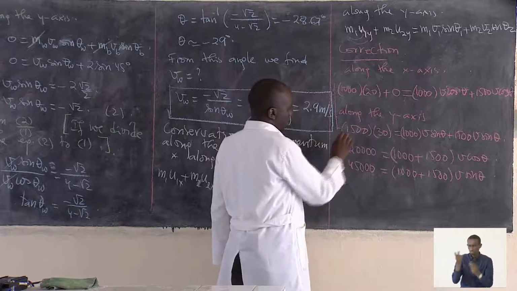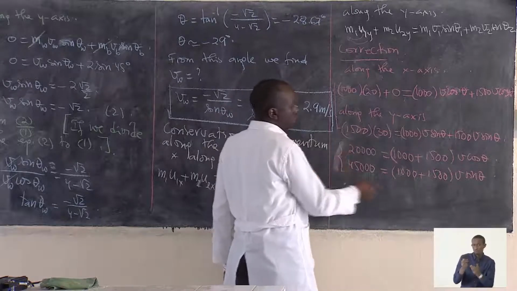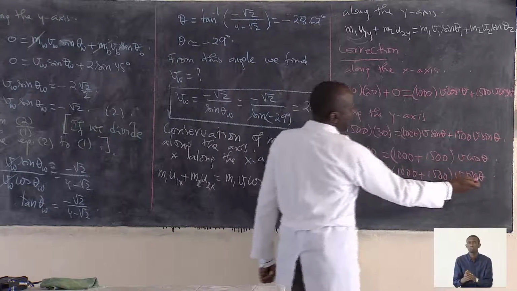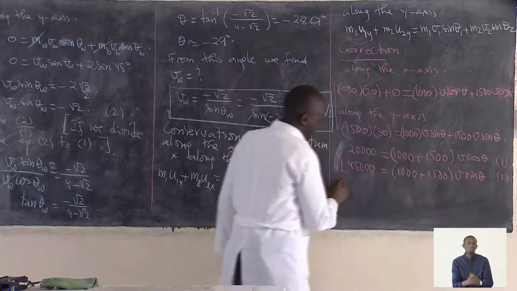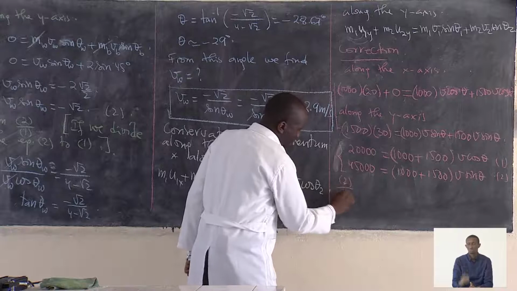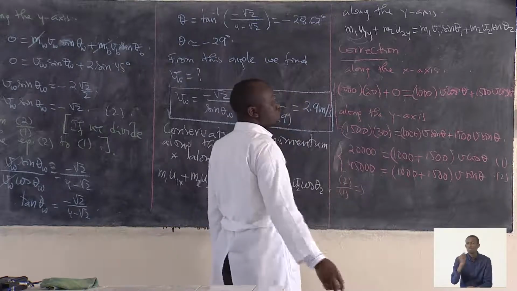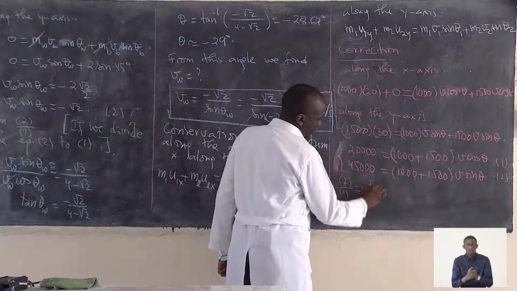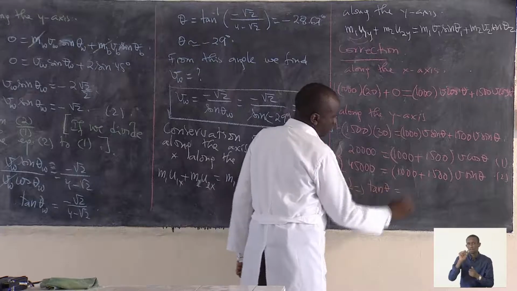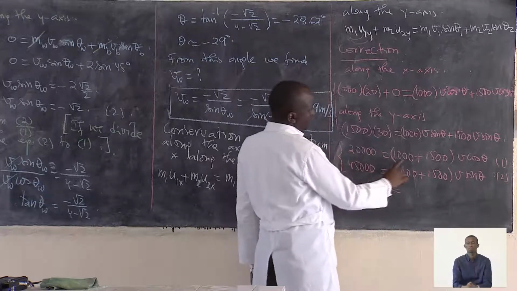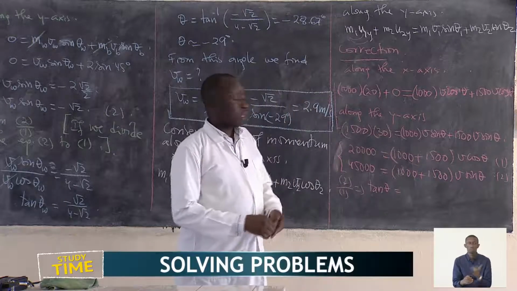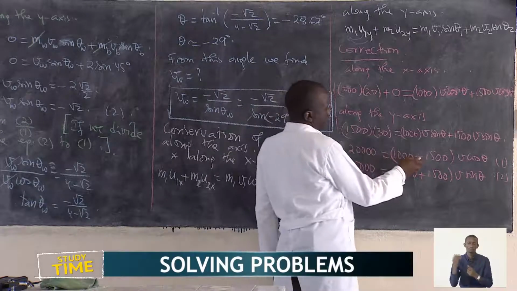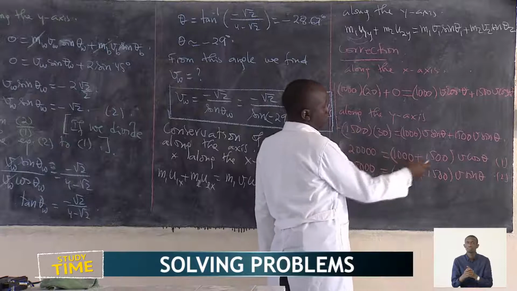If we use these two equations, again, we divide this by that one. What I'm saying is taking 2 over 1. What do you think the division is going to be? That is going to be tan theta, equal to, but the sum here is going to give us 2,500.